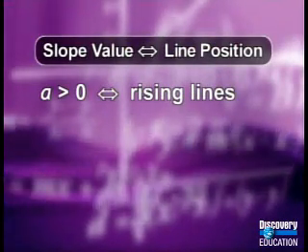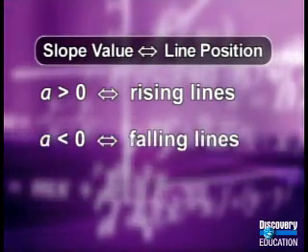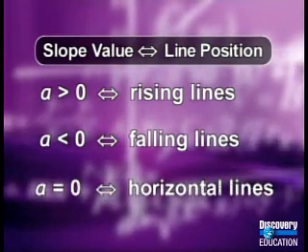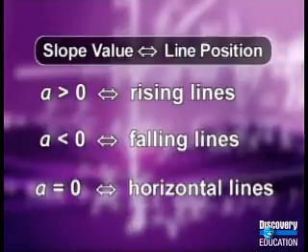Since we just saw that a zero slope yields horizontal lines, we now recap the three cases. Positive slopes are equivalent to rising lines, negative slopes to falling lines, and zero slopes to horizontal lines.